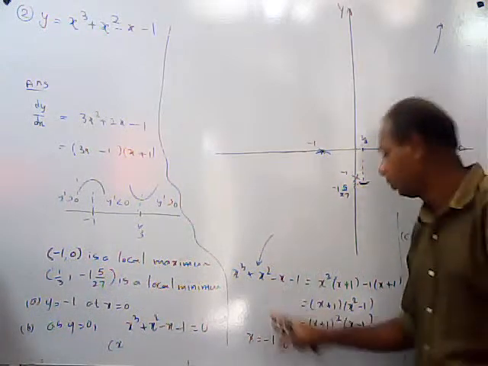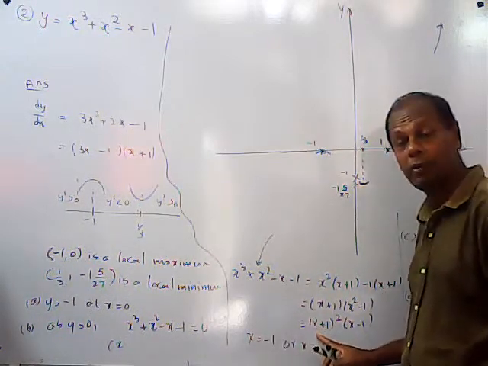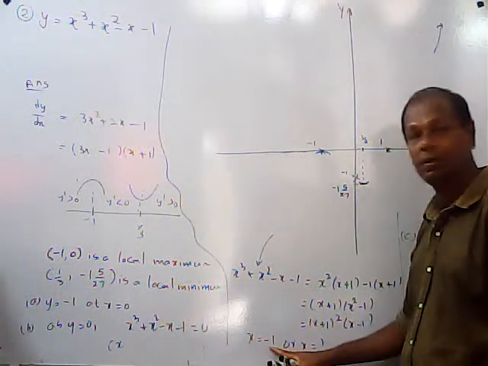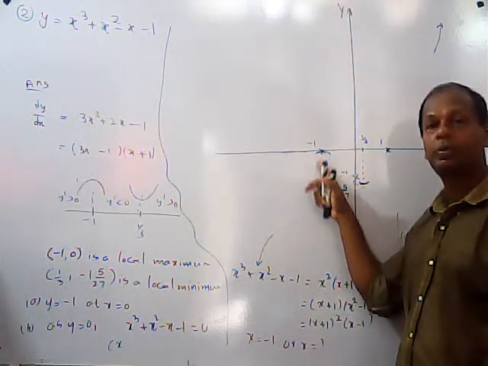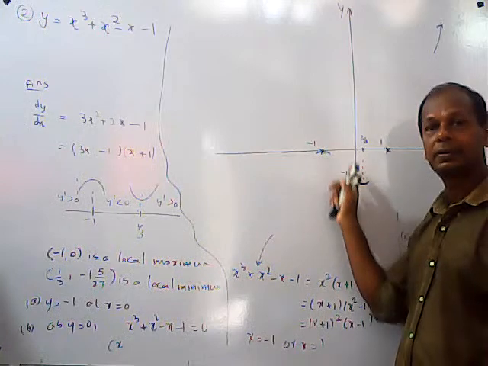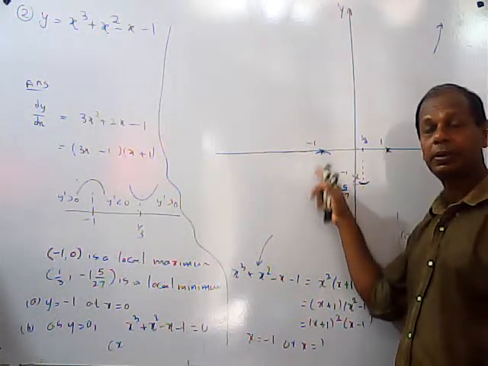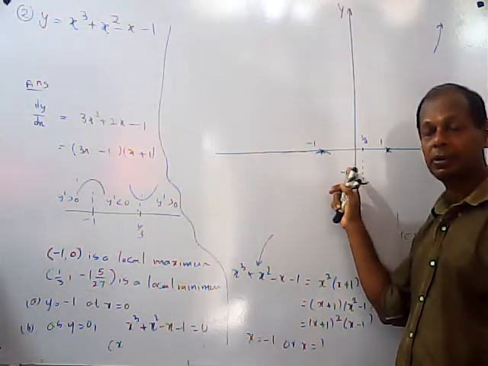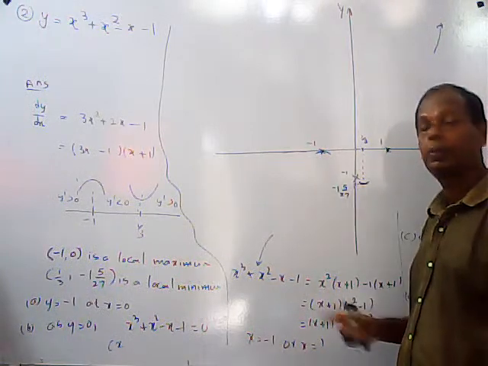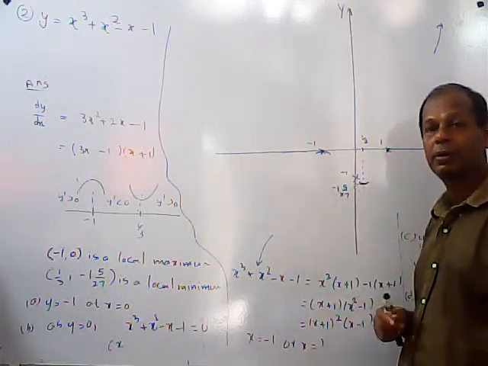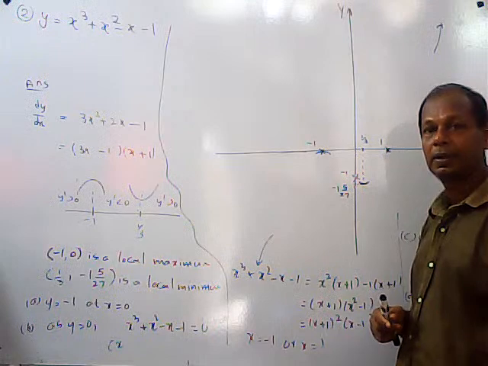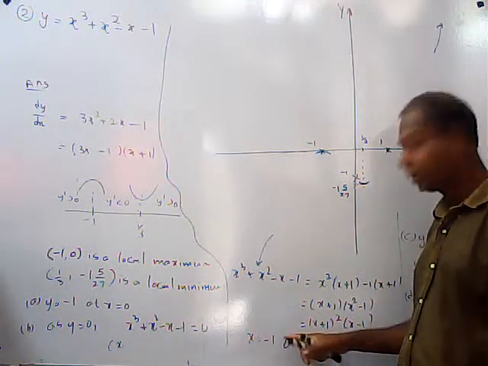Here there is a double root at minus 1, you have x plus 1 squared, right? A double root means the curve turns. At a double root, the curve turns, so it has to be a maximum or minimum, or some stationary point, a turning point at a double root.